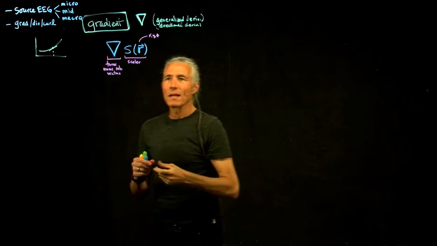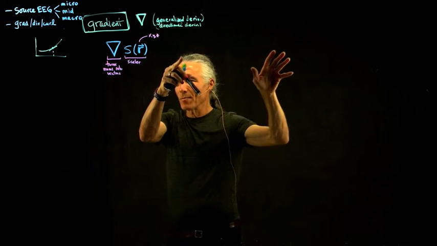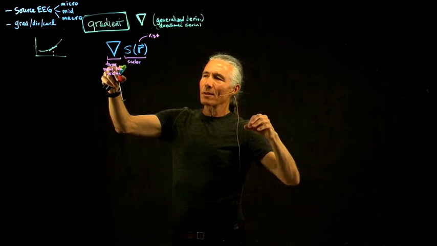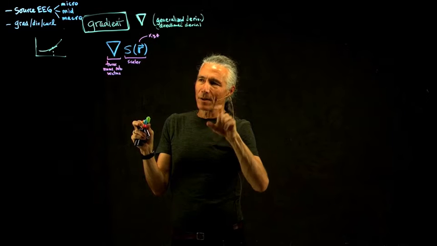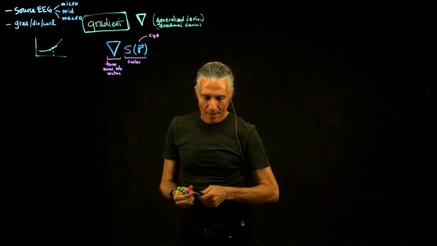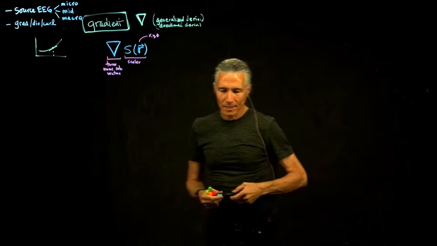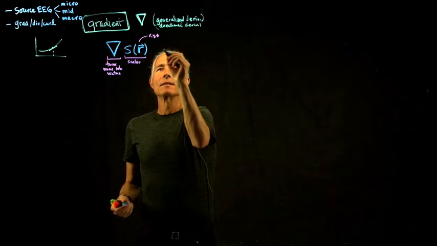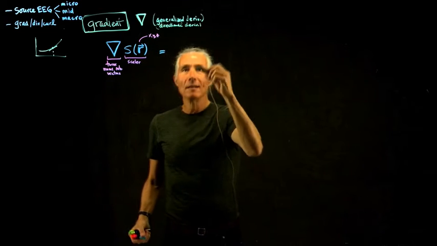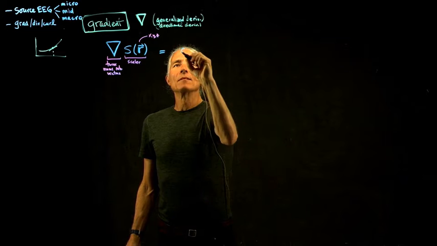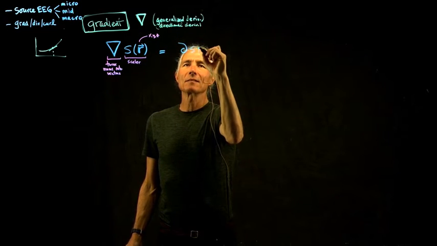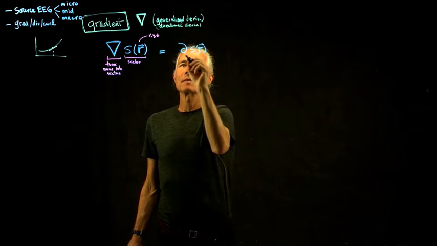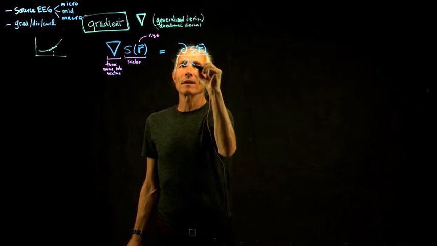After you've done this operation, which we're going to describe over here, what you'll end up with is a whole volume of vectors. At each point in the volume, there's a vector. The way this operation works is we take the partial derivative, which means let's just pay attention to how this scalar function changes in the x direction.